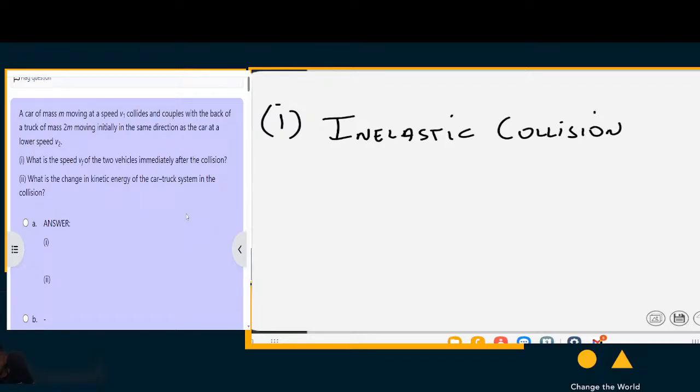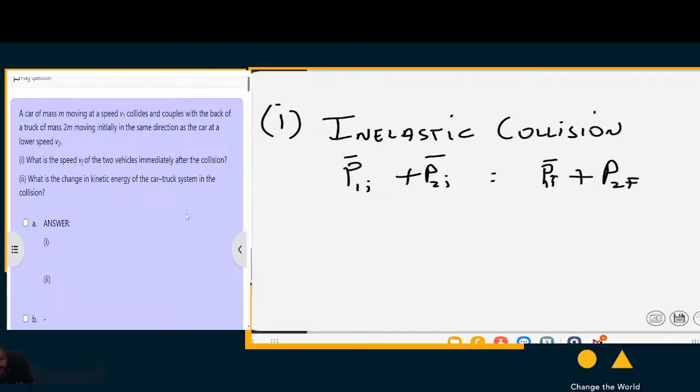So the momentum of the first vehicle initially plus the momentum of the second vehicle initially is equal to the momentum of the first vehicle finally plus the momentum of the second vehicle finally.